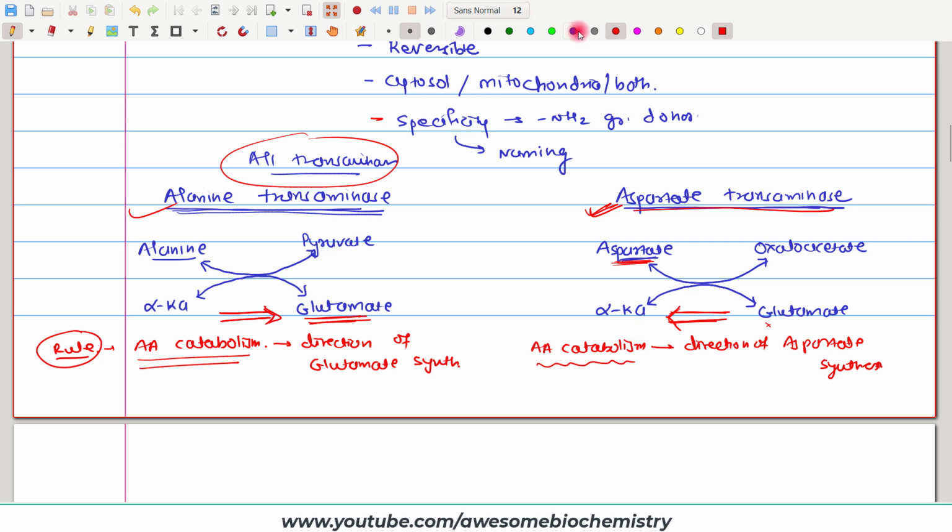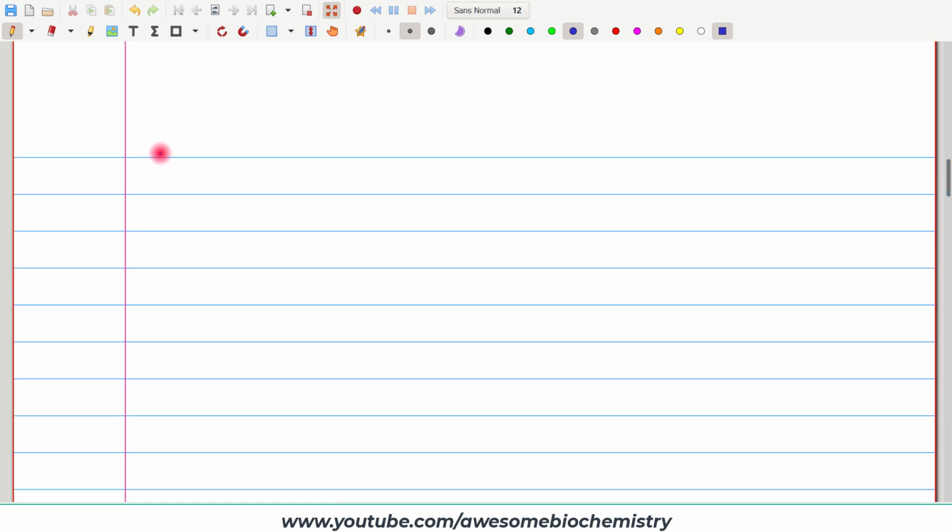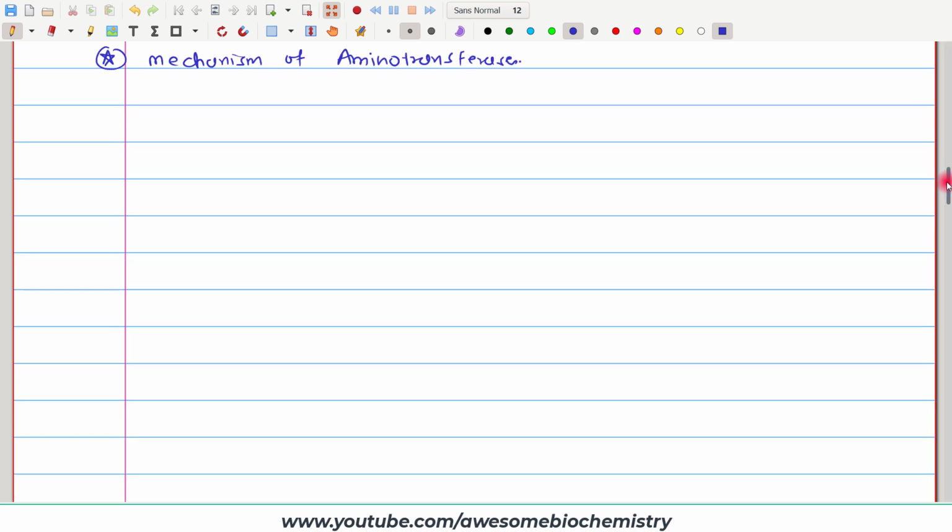Now, it is time to look at the mechanism of action of these various transaminases. So, now we discuss the mechanism of aminotransferases, how this enzyme works. First look at the schematic structure of this enzyme. Suppose this is the aminotransferase enzyme with its active site, and suppose this triangle represents its active site.